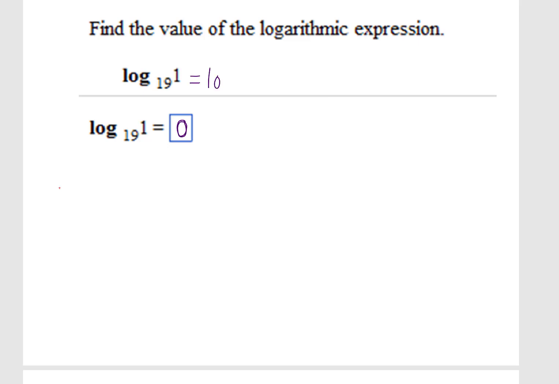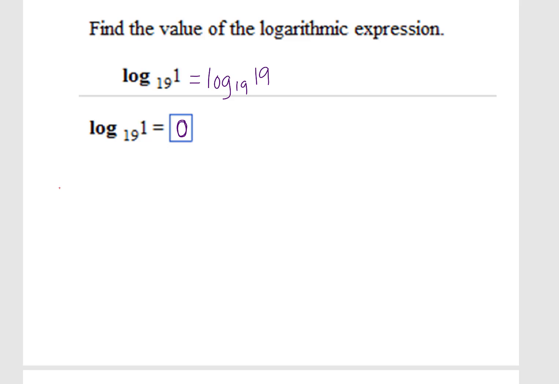If I was using the inverse property that I just learned in that previous slide, that means I want to write 1 with a base of 19. Well, what would 19 have to be raised to be 1? 19 by itself would just be 19. 19 to the first power would just be 19. 19 squared, now we're increasing.